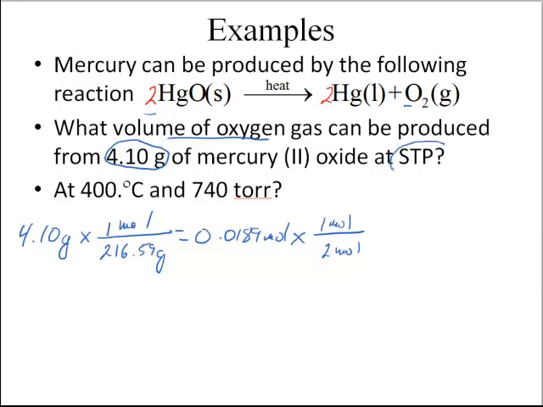Since the conditions are at STP, and right at this point I've got moles of O2, I'm just going to continue on. 1 mole of O2 at STP is 22.4 liters. And so if you work that out and check my calculation, you should get 0.212 liters. Okay, so there's the first gas stoichiometry problem.